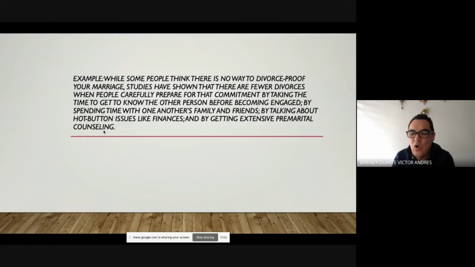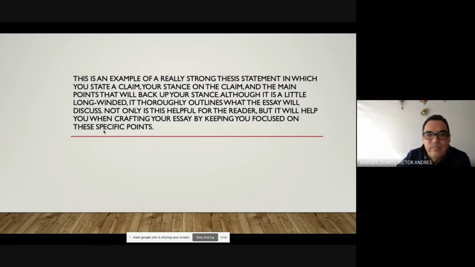the article, who wrote the article, is a scientist, is a researcher, and he himself, he or she herself, was there and observed what was going on, right? It's like first-hand information. The other one is second-hand information, right? Textbooks or books. This is an example of a really strong thesis statement in which you state your claim, right?